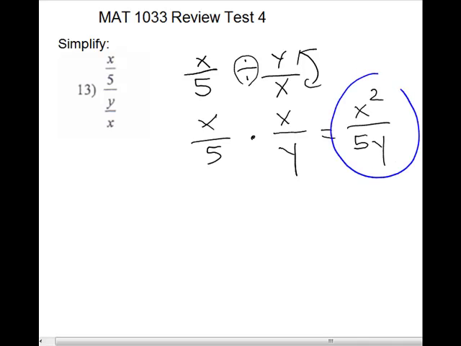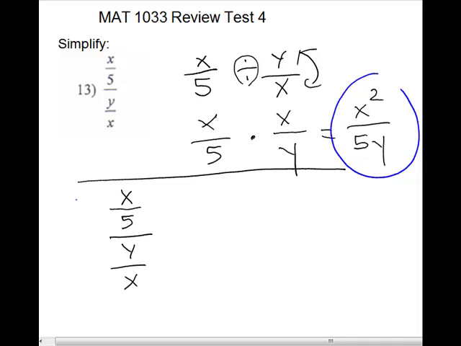An alternate way to do this problem, let me just rewrite. Is to find the common denominator of both fractions, which would be 5x, and multiply on the numerator and on the denominator of this big fraction, right?